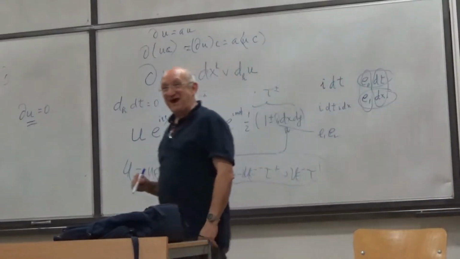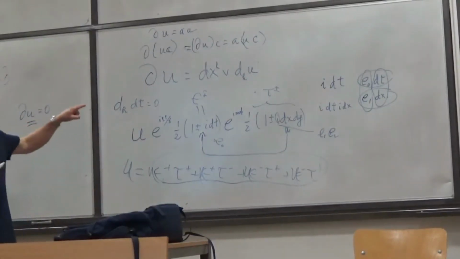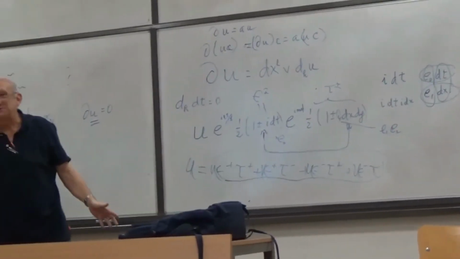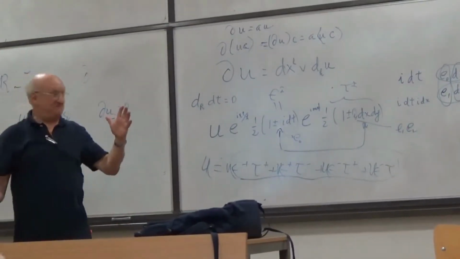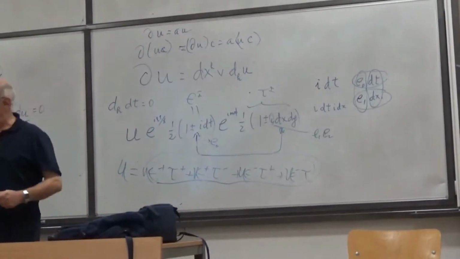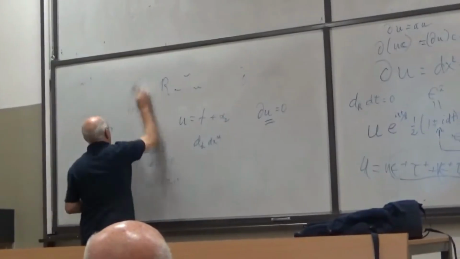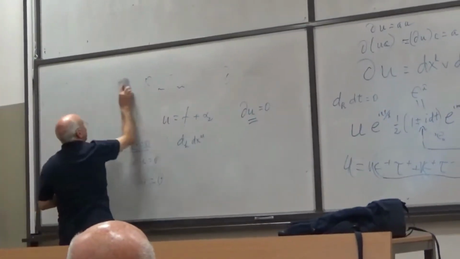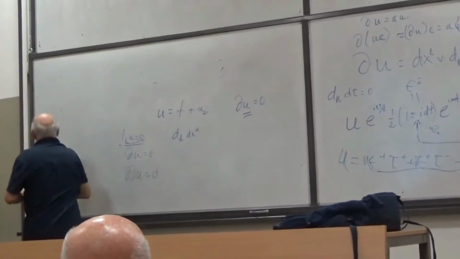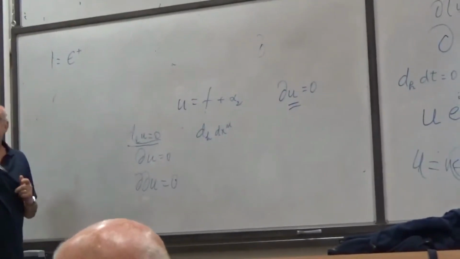So, now when we have Clifford valued differential forms, we are going to have all sorts of opportunities. Not only that, in this decomposition, we have that the unit equals epsilon plus plus epsilon minus.